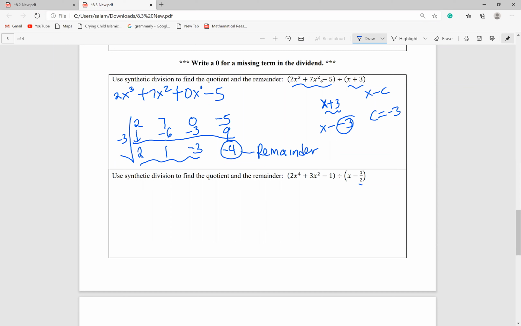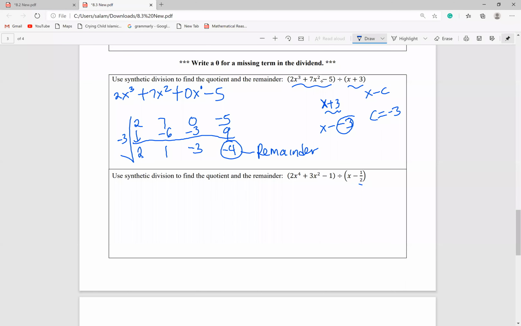One of the steps says that when the dividend is to the 3rd power, your answer has to be reduced by 1 power. In synthetic division, when you look at the degree of the polynomial, if it's raised to power 3, then your answer has to be reduced by 1.